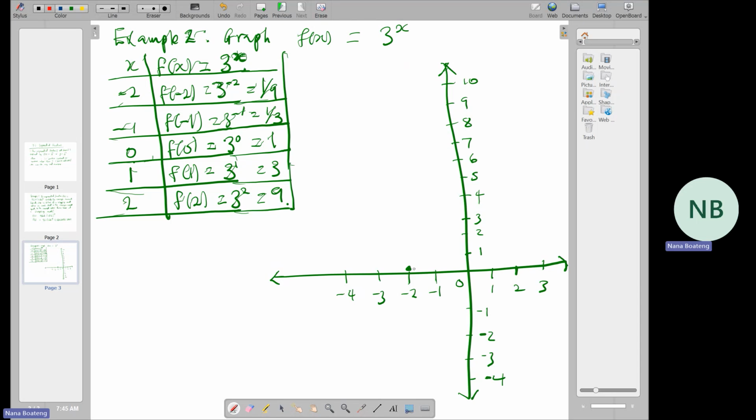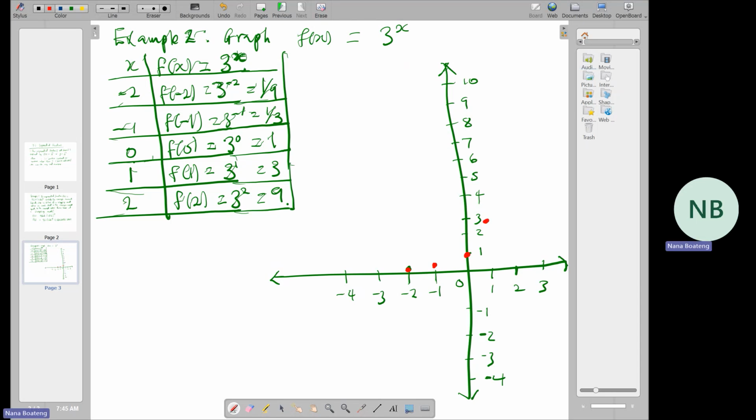So -2 and 1/9 will be about this point. -1 and 1/3 will be slightly above this. 0 and 1 will be this point. When x is 1, y is 3, about this point.